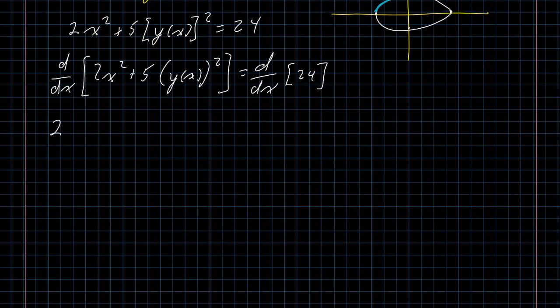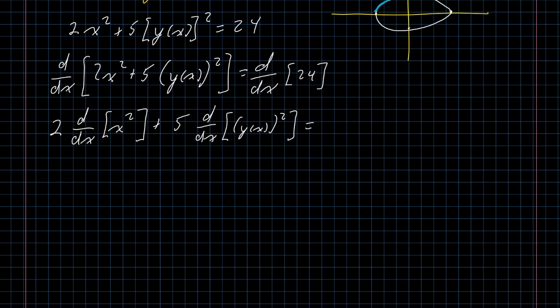So I have 2 times the derivative with respect to x of x squared plus 5 times the derivative with respect to x of y of x squared is equal to, well, the derivative of a constant is just 0. That part's easy. We'll get that out of the way.